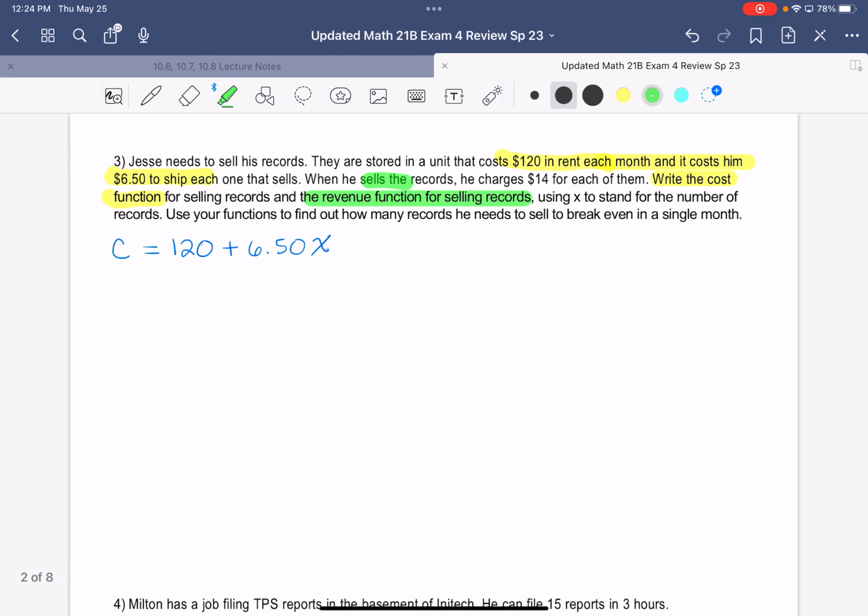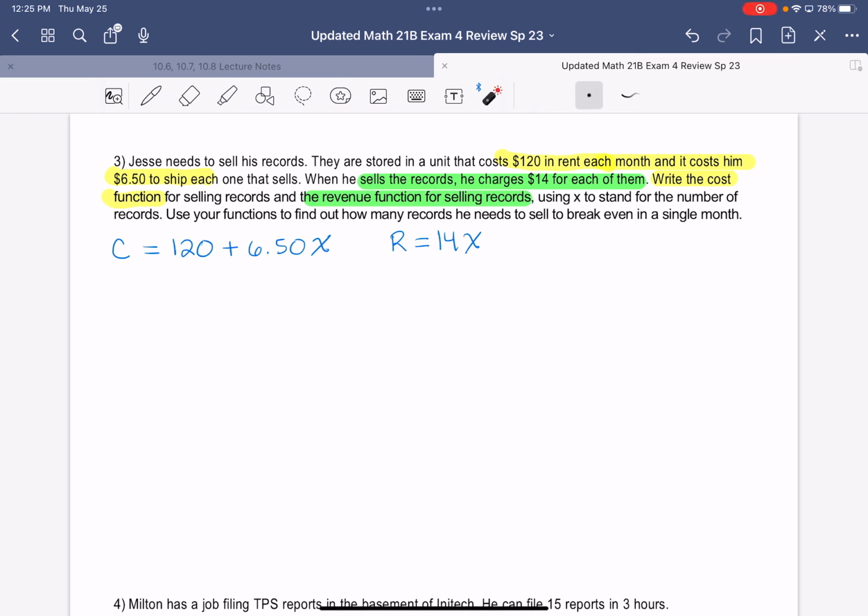When he sells the records, he charges $14 each. So how do you write that as a revenue function? R equals what? 14x. Exactly. So figure out how much it's costing him to essentially run this like miniature business, right? And how much revenue he's getting. So that's part of the question.